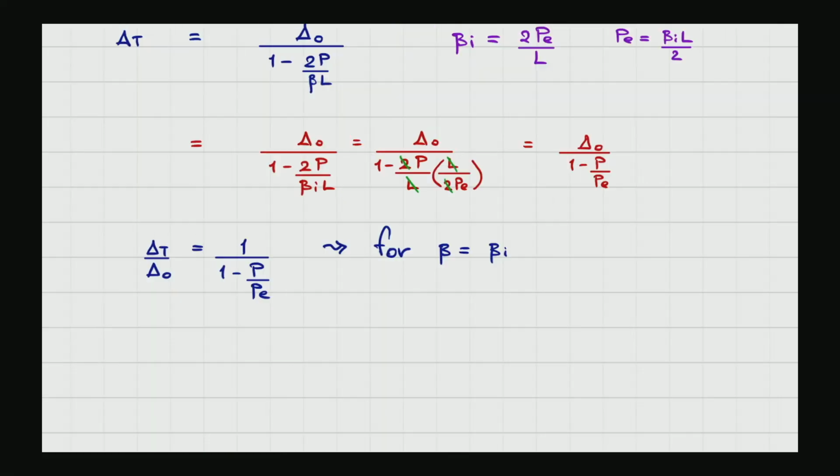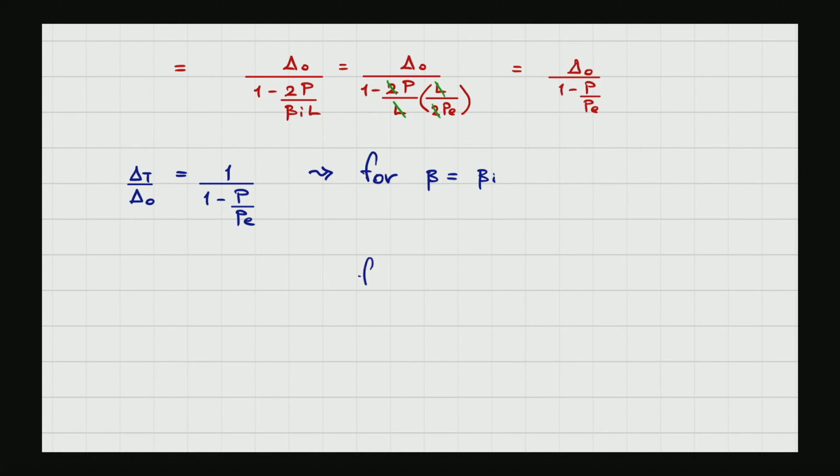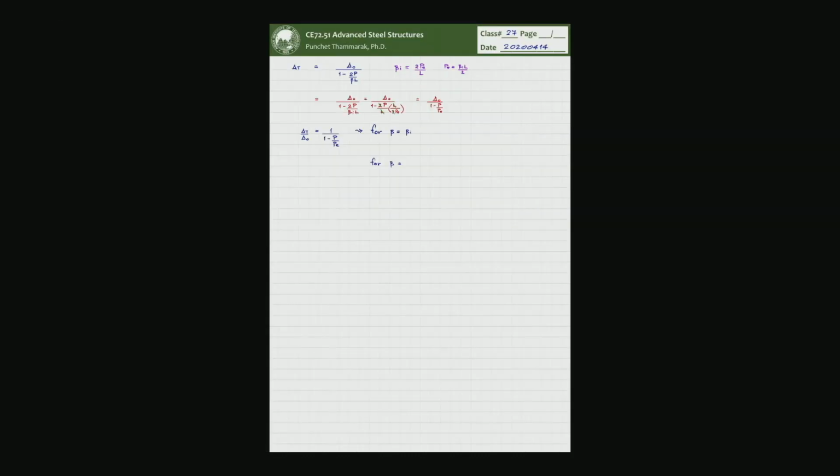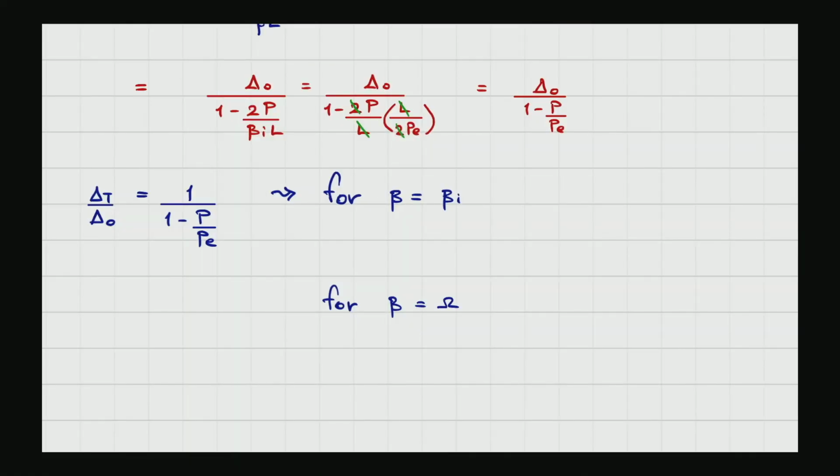So if you plug in beta equals 2 beta I, it's going to be over there, right? Yeah, just like that. And then the 2 will be there. So for other cases where beta is equal to omega times beta I, omega is the number of times, like 1 times, 2 times, 3 times of the ideal brace stiffness.